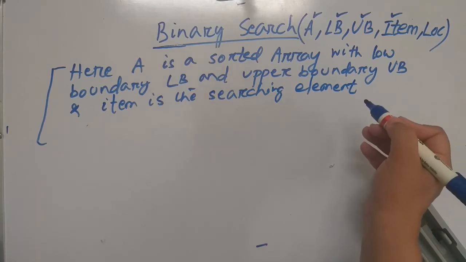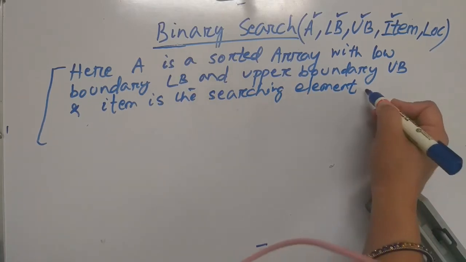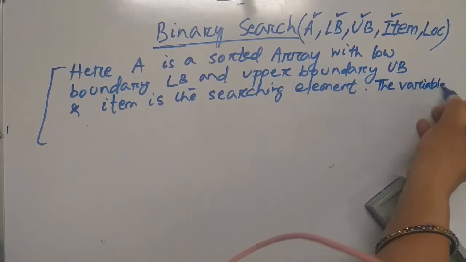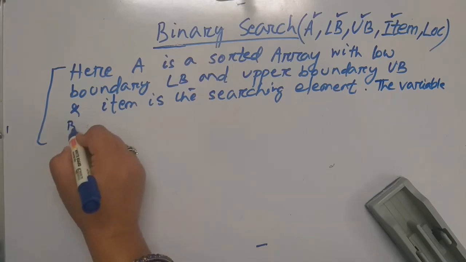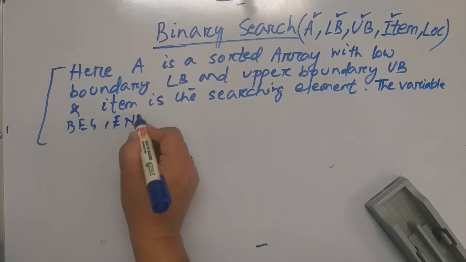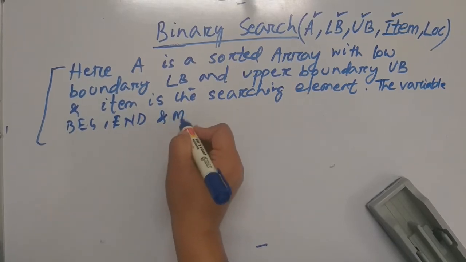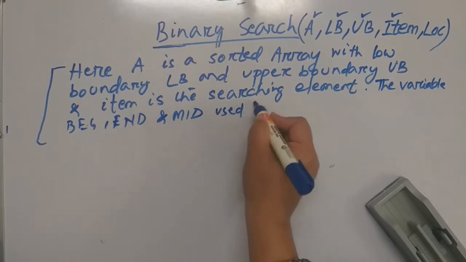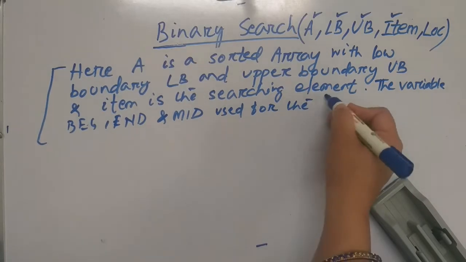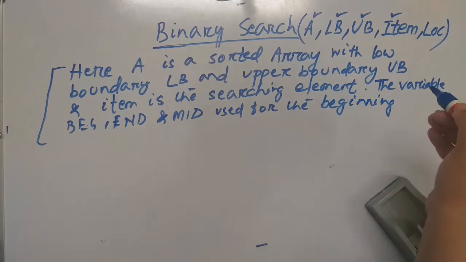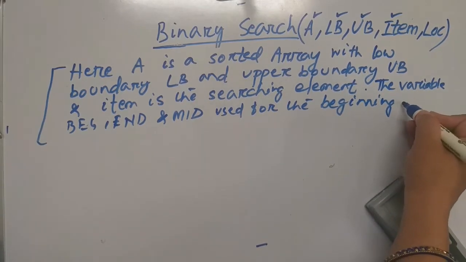Here we are using different variables: begin BEG, end END, and mid MID. The variables begin, end and mid are used for the beginning, end and middle locations of the list. From the examination point of view, it is important that you write down and explain all these terms.